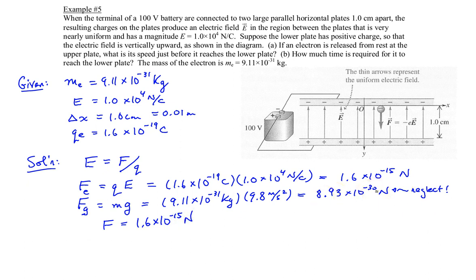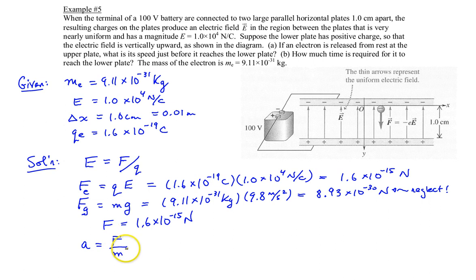So now that we know the force that acts on the electron as it's pushed downwards by this electrostatic force, we want to find the speed that it reaches the bottom. Now to find the speed, it must have been accelerating to get there. So let's find the acceleration. If you recall, F equals ma, so the acceleration is equal to the force divided by the mass.